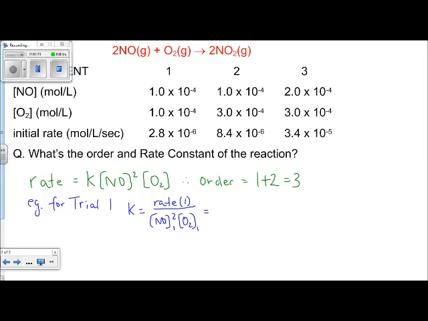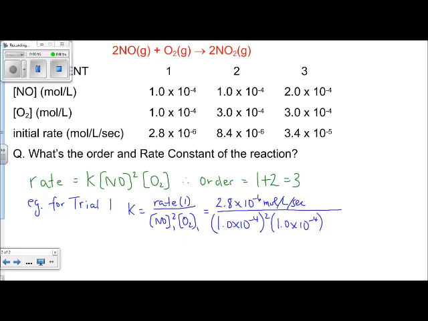So we put those numbers from the data table into this equation. We have the rate on the top, and we hang on for dear life to those units because you know your teacher is going to be interested in the units. We divide the rate by the NO concentration squared. Again, we square those units as well, and the O2 concentration.